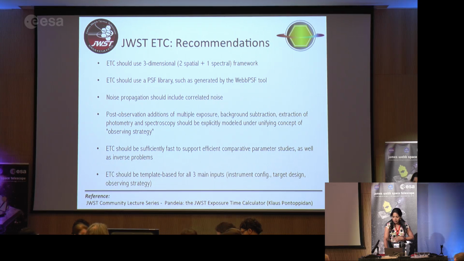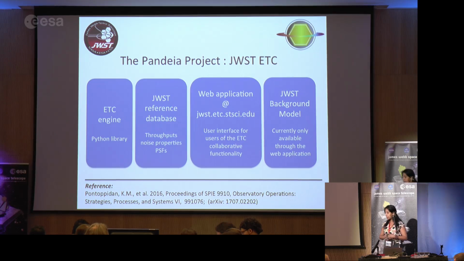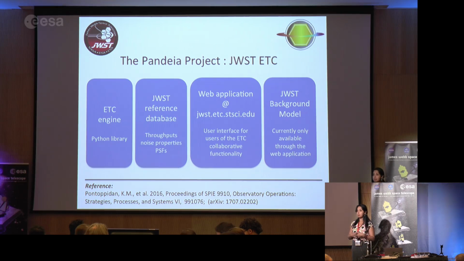So with all of these recommendations, the prototype JWST ETC was built, which later expanded into what is called the PandExo project. It has these four basic components. The first one is the ETC engine, which is basically the Python library, the entire Python code, which actually takes the data about the telescope and about your sources and computes the signal to noise and gives you the results.